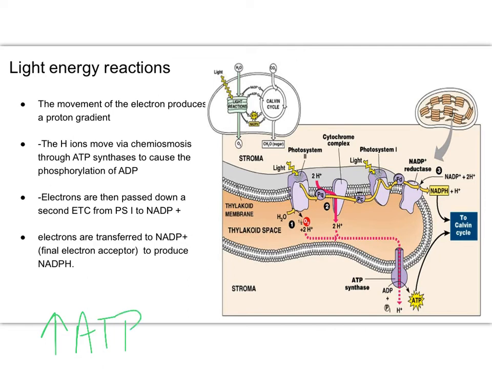So sometimes your plant will end up with like a backlog of NADPH. So lots of NADPH, but not enough ATP to run the Calvin cycle. And so the electrons then will start to do what is called cyclic flow.